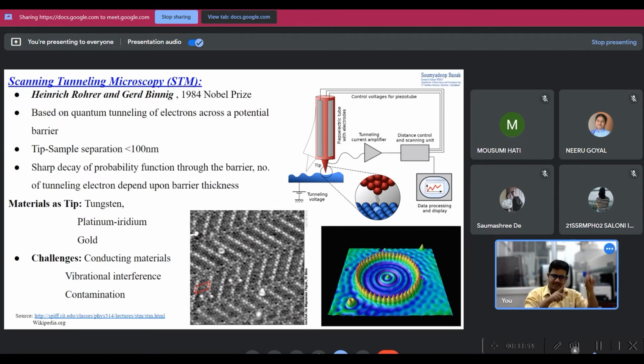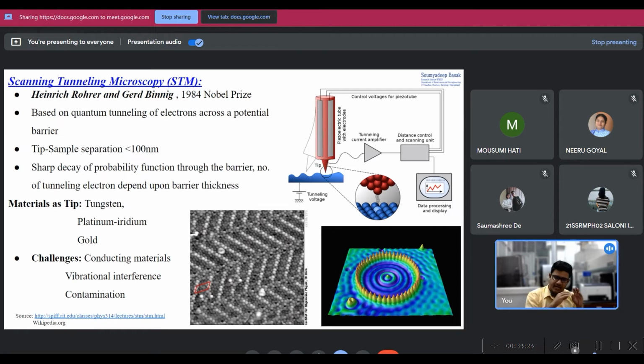So the circuit will try to decrease its own voltage so that it can be kept in the same balance. From this detection of voltage difference or current difference, we can measure the properties of the sample, that is, the surface information of the sample, through this STM, that is, scanning tunneling microscope.